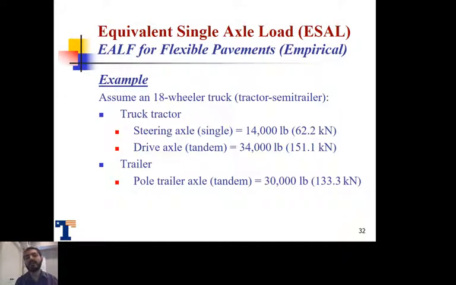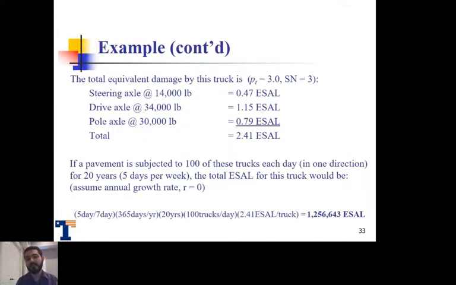The truck tractor has a steering axle, which is a single axle of 14,000 pounds, and a drive axle, which is a tandem axle of 34,000 pounds. Then the trailer has a tandem axle of 30,000 pounds. Those are the 3 different axles that we need to convert to know the load from this one single 18-wheeler truck.